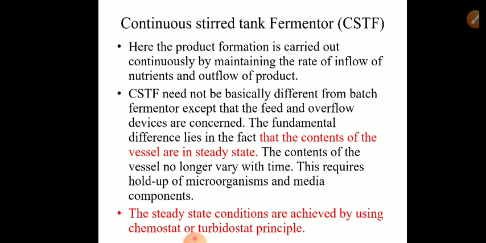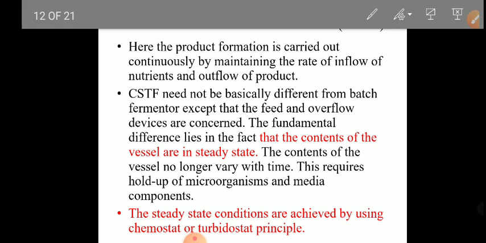Continuous fermenters are designed in such a way that there is continuous addition of nutrients or raw materials from one side, and from the other side there is continuous or intermittent collection or removal of product. So the process is continuous, hence the name continuous fermenter.